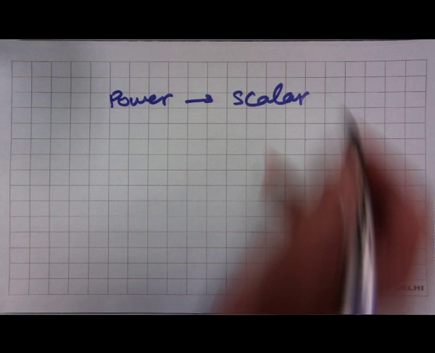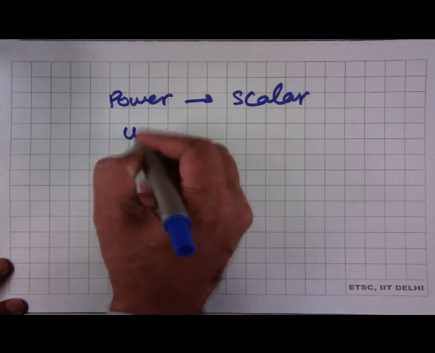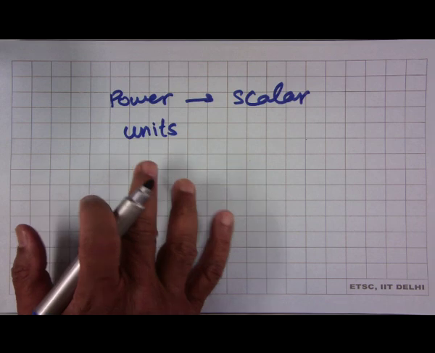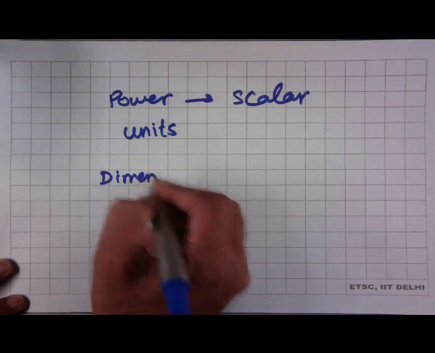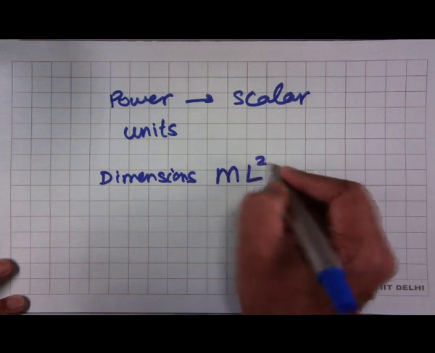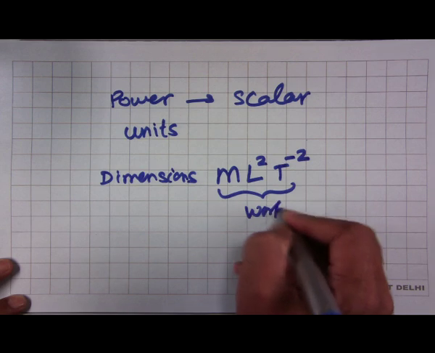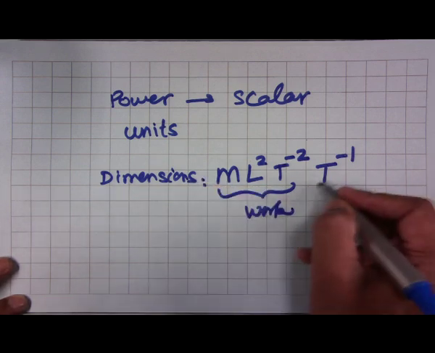If we look at the units of power, first we realize that like work done, power is also a scalar quantity. To get the units of power, we first look at the dimensions of power. The dimensions of work done were m times L squared t to the power of minus 2, and for power we have to divide it by one more t.